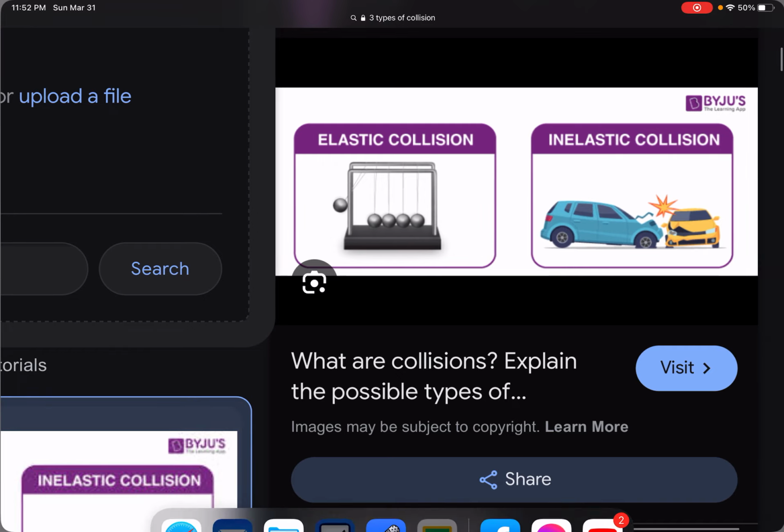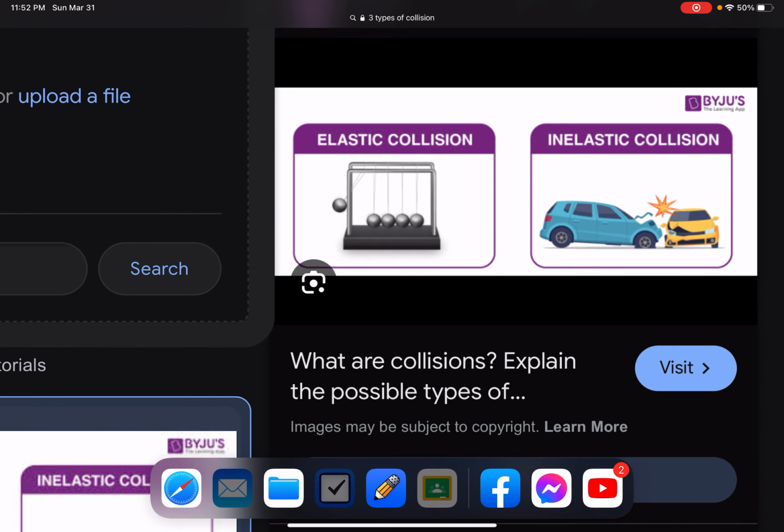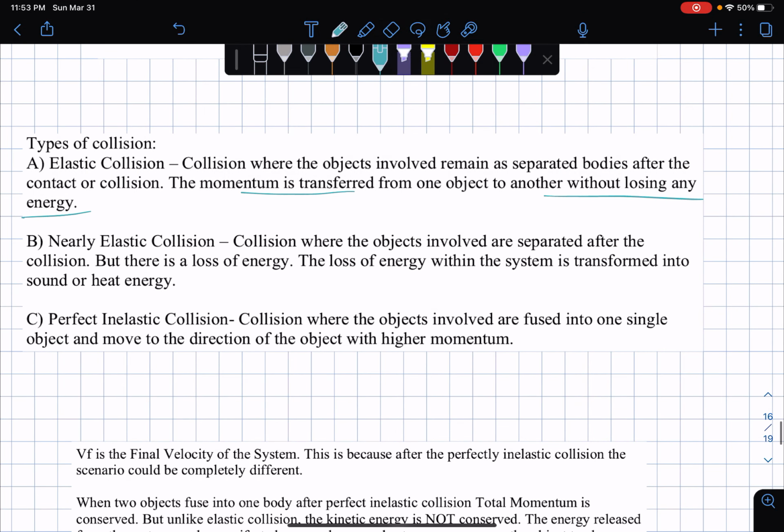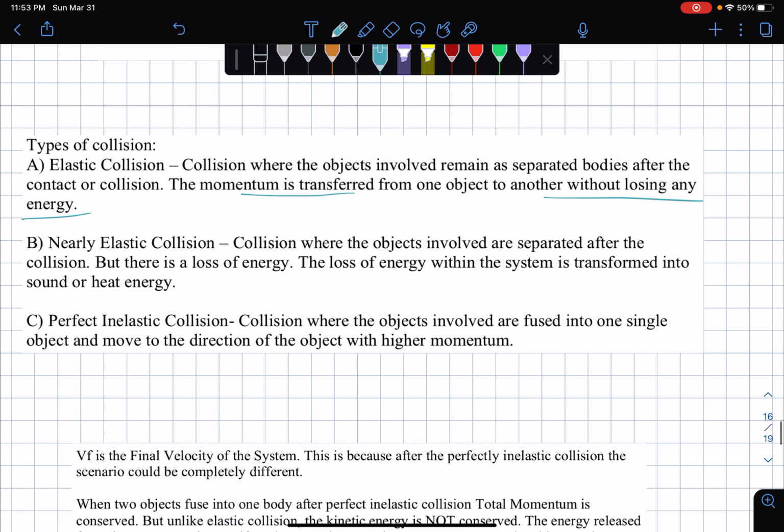So in inelastic collision, as you can see, there are cars. So this is the kind of collision where, so nearly elastic, definitely not this. Perfectly inelastic: objects involved are fused into one single object, moving in the direction of the object with higher momentum. Yes, I believe mass is directly associated with momentum.